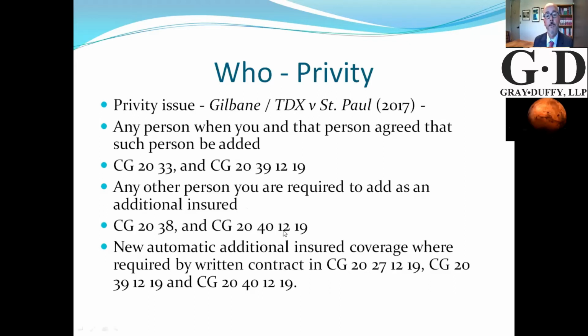And the 2040 form says any other person where required by written contract. So it's a matter of a very close parsing of that language that resulted in the Gilbane TDX versus St. Paul decision. So you want to look at the endorsement and see, does it say the additional insured is just the party with whom your named insured is contracting, or is it any other party they are required to name under the terms of the additional insured endorsement and as provided in their contract with the other party.